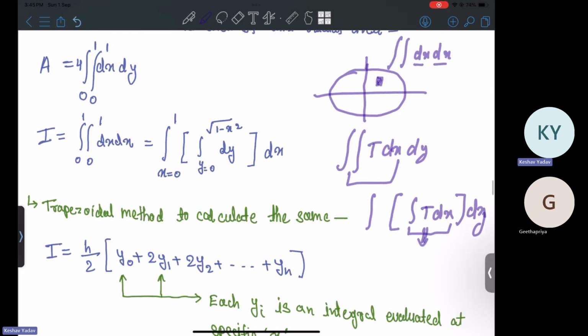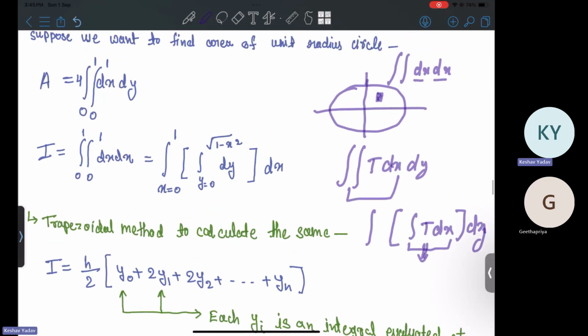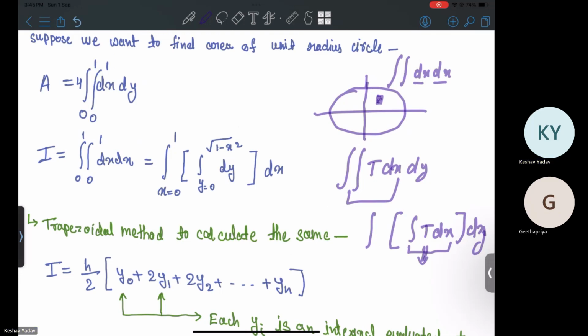Y as constant means first we are finding out this.